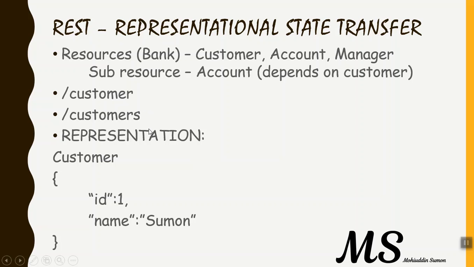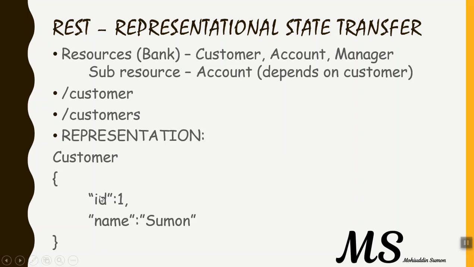Now what does the word representation mean in this scenario? This customer resource may have different data to fulfill it in this particular scenario, which is a bank. This customer may have an ID, this customer may have a name. All of this data makes up this customer resource.